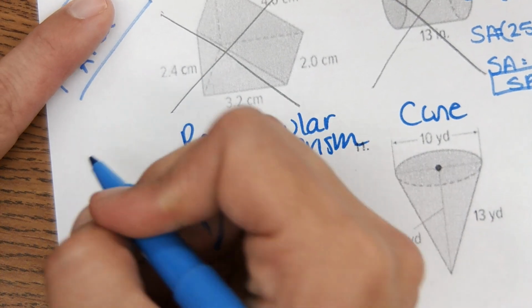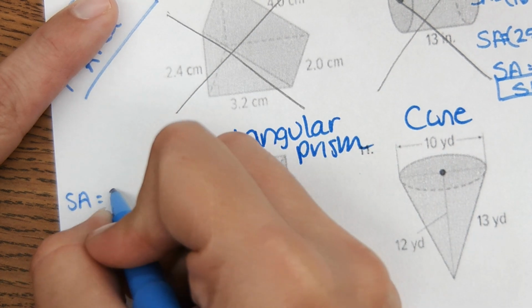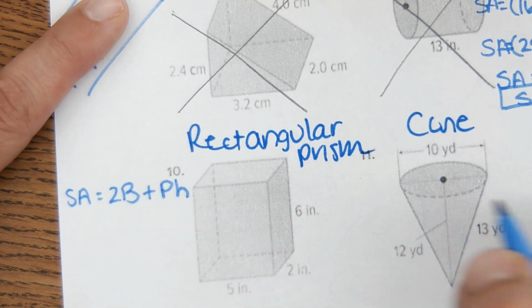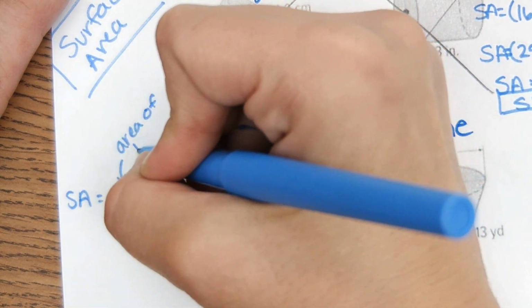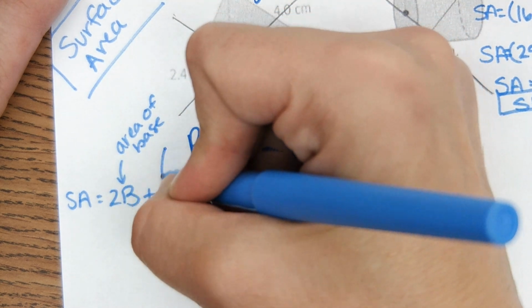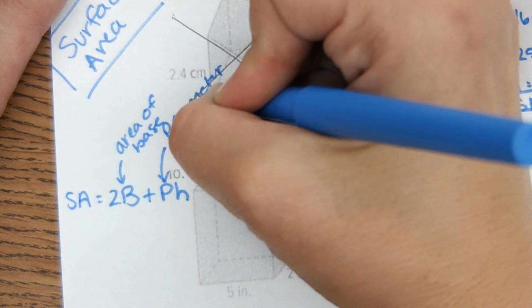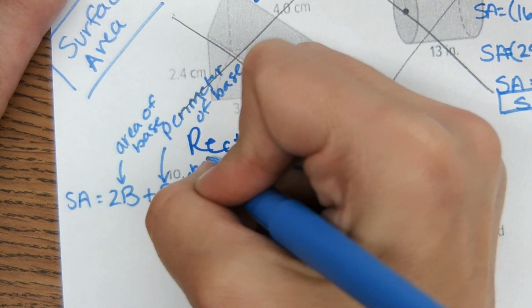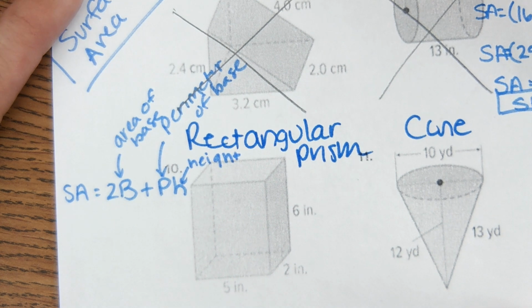So for surface area of a rectangular prism, 2 times area of the base plus perimeter times the height. That would be area of base. P is perimeter of base. And then H, height of the prism.